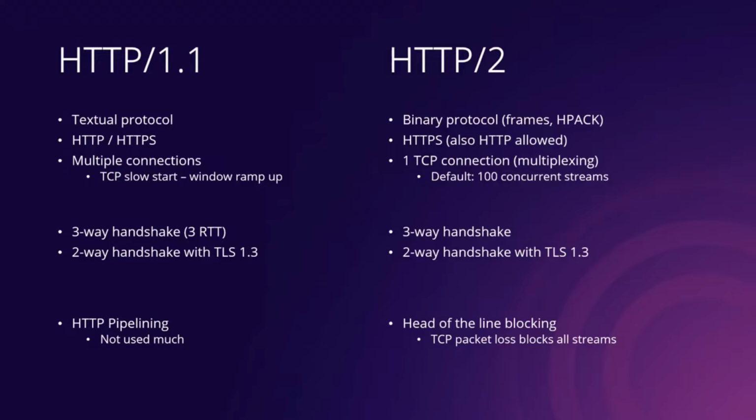HTTP2 doesn't have this problem because you already have multiplexing, so you don't need something like pipelining over there. It's basically by design. However, it has trouble with head of the line blocking. What is head of the line blocking? It means that if you lose a packet, because you're over a TCP connection, that packet has to be retrieved, and TCP guarantees order of delivery, which means that all the remaining packets are blocked in processing until you retrieve that packet.